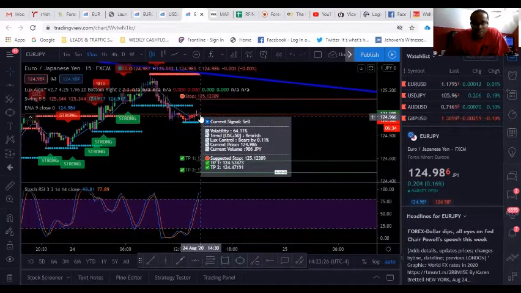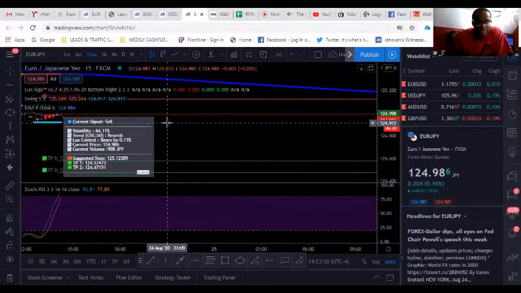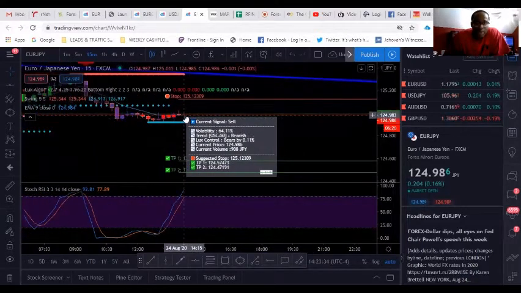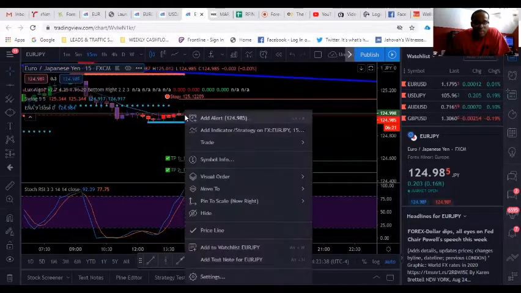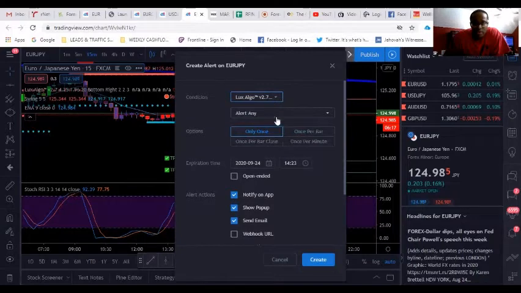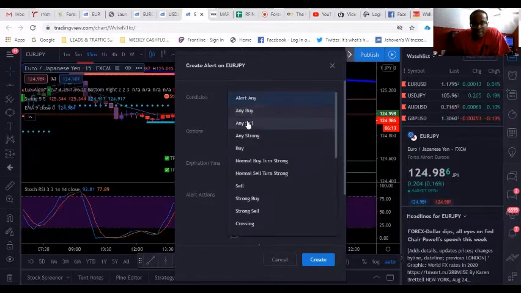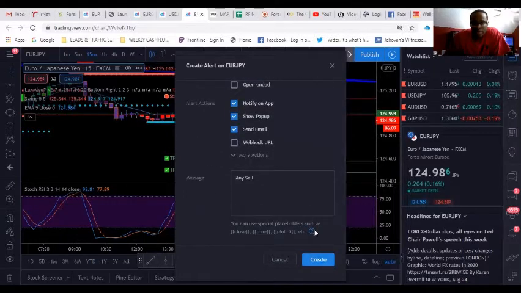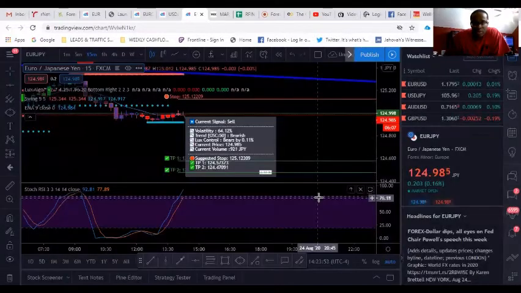Now me personally, what I would do is click on the last price here, right click, add an alert, select the LUX ALGO V, and then put any sell, since we have pretty much confirmed that it's going to go in that direction.